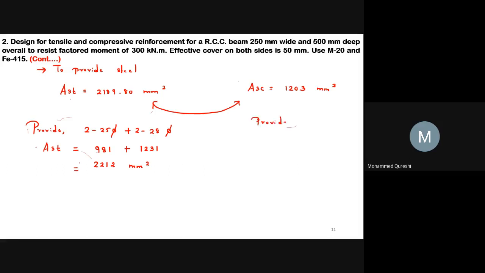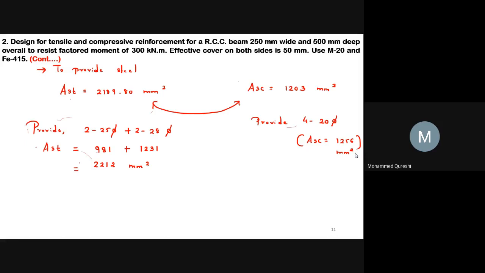And for the compression zone, we may provide four numbers of 20 diameter bars having total ASC 1256 mm square.